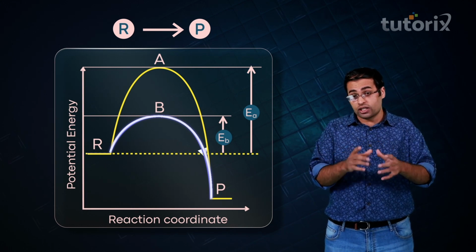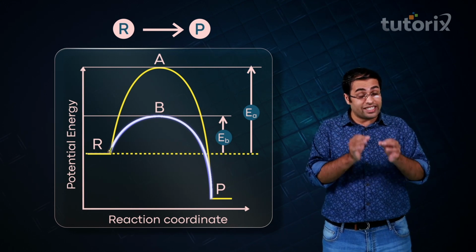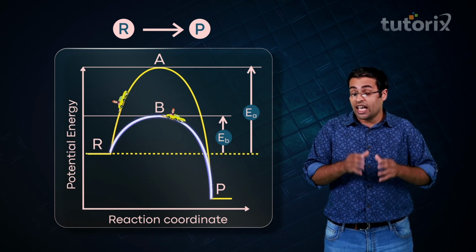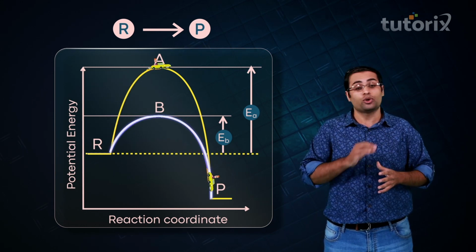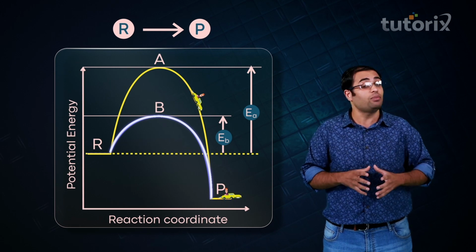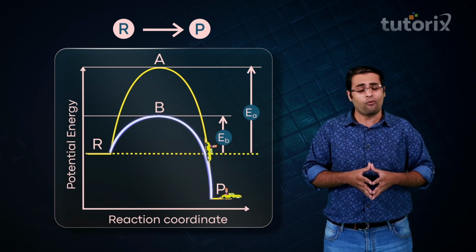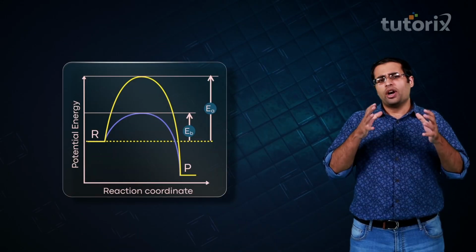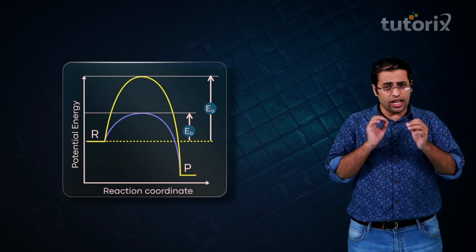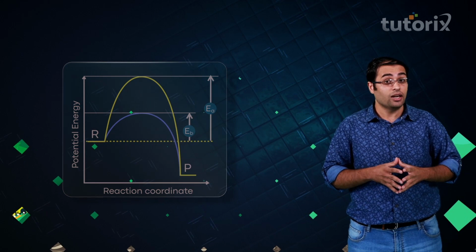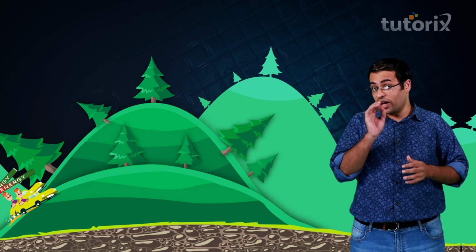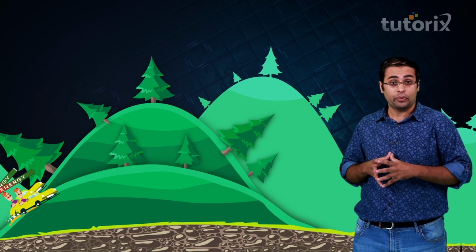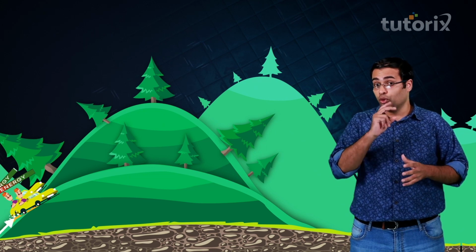And because path B requires less activation energy, less time is taken for conversion of R to P, and because less time is taken, the rate obviously increases. To understand this concept further, think of this diagram as a hill, and you need to travel from one side of the hill to the other side. Basically, you can do that in two ways.